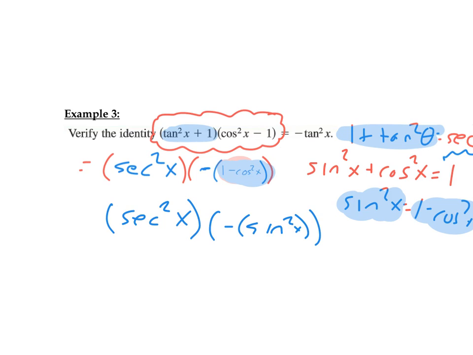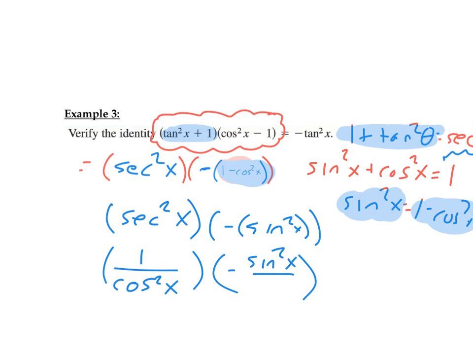Now, to finish our identity, we have one of my two terms in terms of sine and cosine, so another strategy is convert to sine and cosine and see where we go. Secant is the reciprocal of cosine, so this turns into 1 over cosine squared x. You see that we've created a fraction, so let's just turn this into a fraction. 1 is the universal denominator when in doubt.